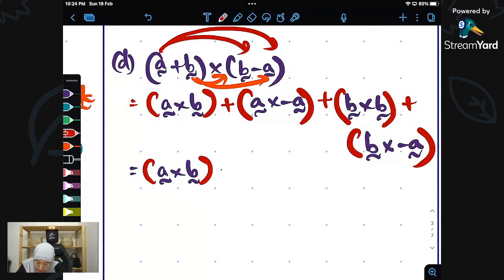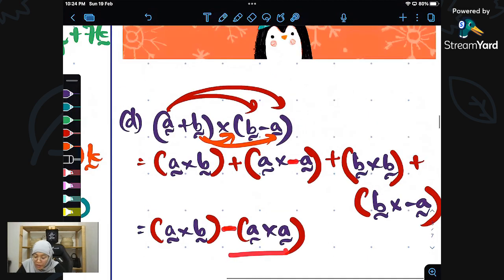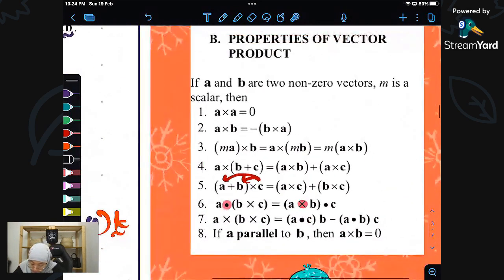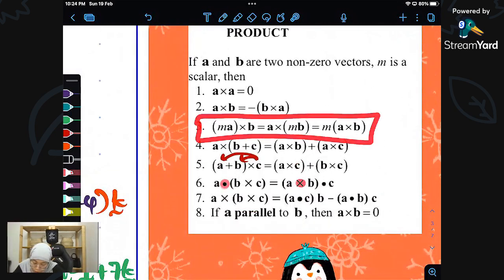Manakala yang ini akan jadi negatif di luar, di dalam dia adalah A cross A. Yeah, I know. Ini yang saya tak nak buat cara laju, saya buat cara perlahan-perlahan. Mula-mula dia positif, tapi disebabkan dalamnya dia negatif, saya boleh bawa negatifnya di luar by using the properties number 3. So you just imagine that the M is a negative 1.